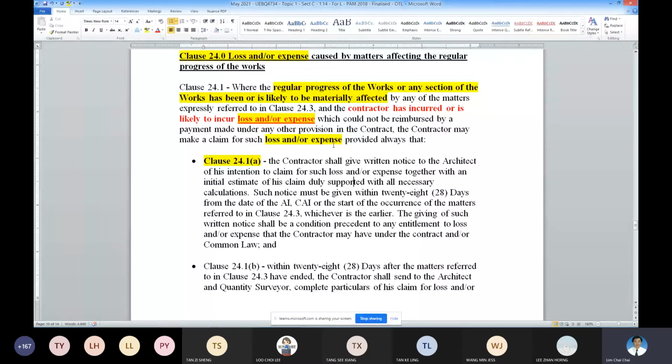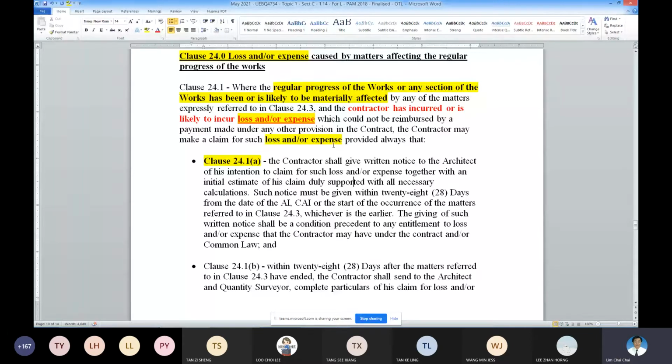When you apply for extension of time, it is important for the contractor to submit 2 letters. One letter is for extension of time. One letter is for loss and expense. Try not to merge the 2 together. Are you clear? So it's important. Next time you are working for a contractor, this is a better method.